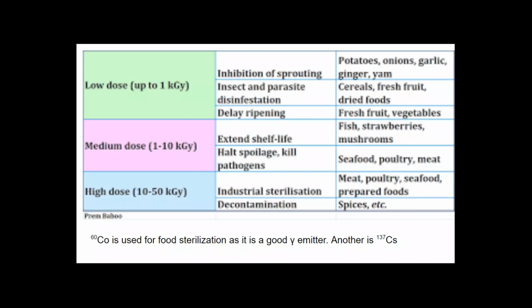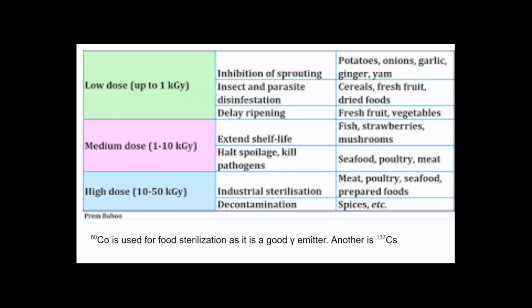And you can use cobalt-60 for food sterilization because it's a good emitter of gamma rays. Another is cesium-137. So for cobalt-60, it can be used for the inhibition of sprouting of potatoes, onions, garlic, ginger, and yam.